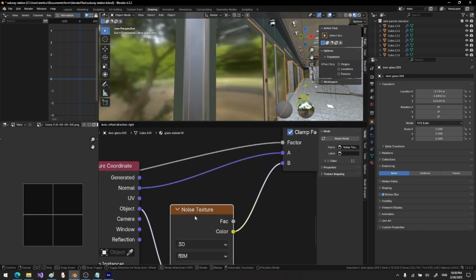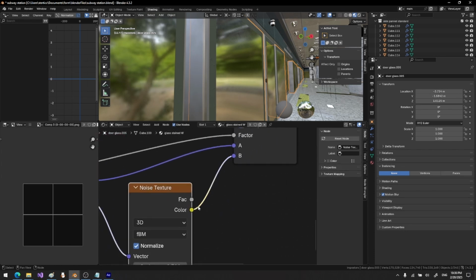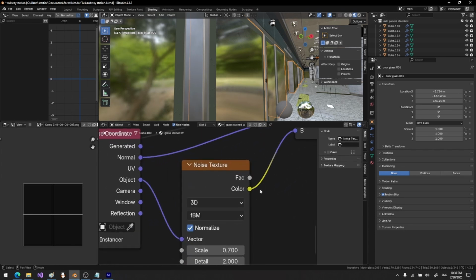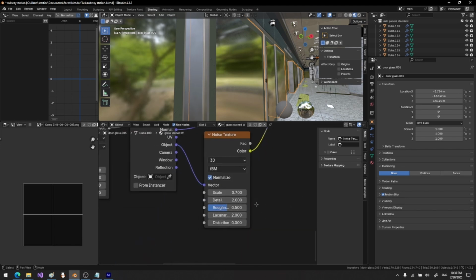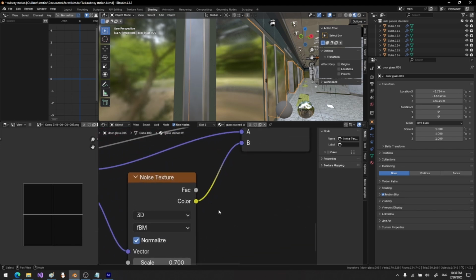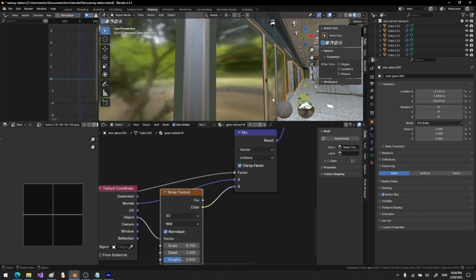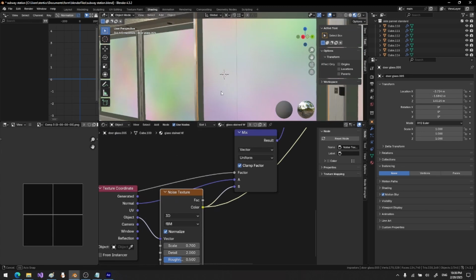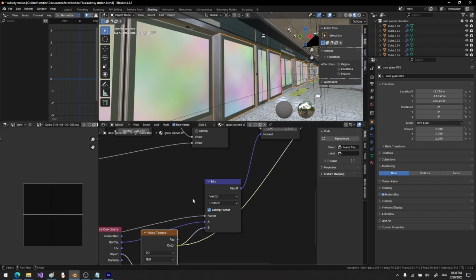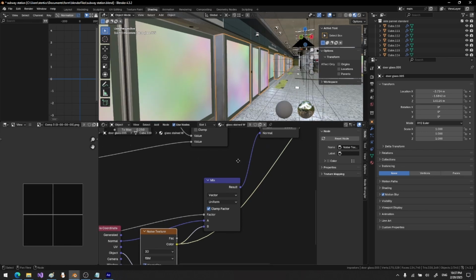And the thing you should pay attention to is you should plug in the color of the noise texture instead of the factor of it, because we want a vector outputted here, and the factor is just a floating point number. It's just a single number, but the color over here, if you just plug it over here, you'll just get random color, right? And these colors, which are RGB, can be just converted into XYZ, and that will give us a vector that points in a random direction.